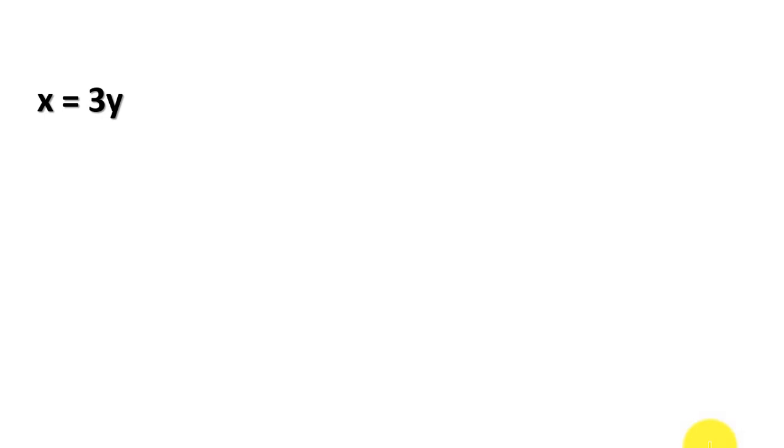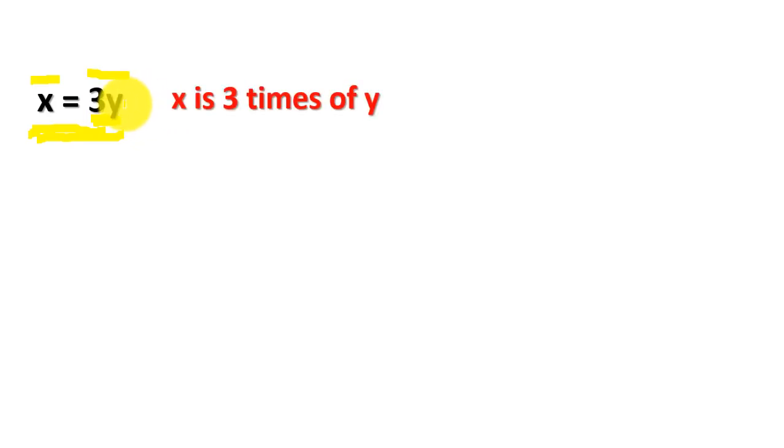Next example. Some more examples I have taken under multiplication. X equal to 3y. In the previous case we took plus and minus. Here I have taken 3y, which is 3 into y. This is the LHS and this is the RHS.